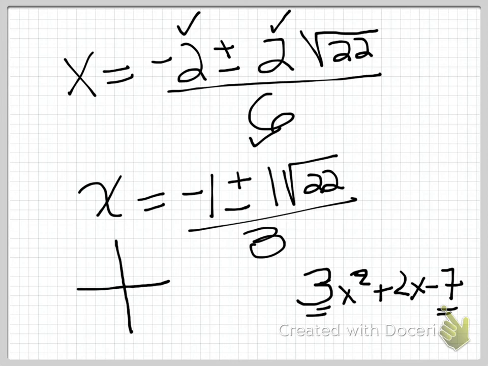I know it's going to be somewhere between 4 and 5 because 4 squared is 16 and 5 squared is 25. 22 falls in between somewhere, 16 and 25. It falls in that range, closer to 25. So square root of 22 is somewhere between 4 and 5, but closer to 5. Negative 1 plus 5 is a little bit less than 4, yeah?